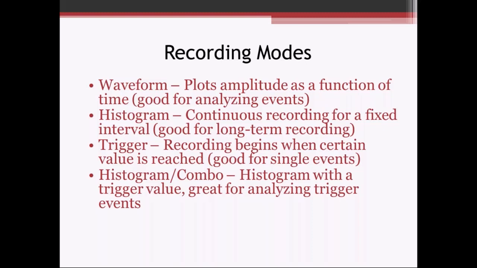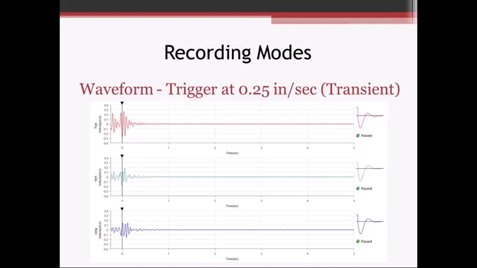That way, if you've got a threshold of 0.5 inches per second or 0.25 inches per second and it reaches that threshold, it'll record in waveform mode, and you can see the characteristic of that vibration. Here's an example of a waveform.